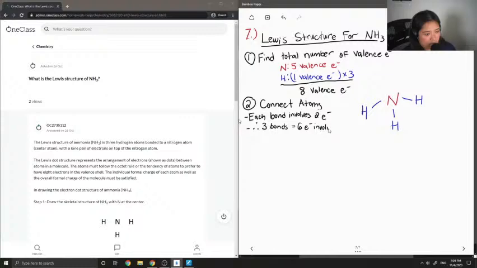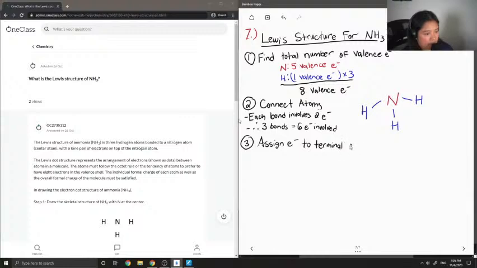But since we counted out a total of 8 valence electrons, this brings us to step 3, which is to assign electrons to your terminal atoms.